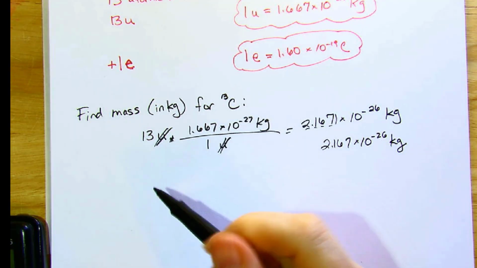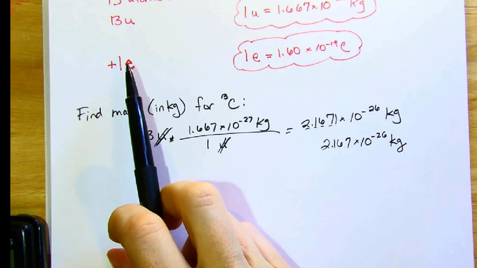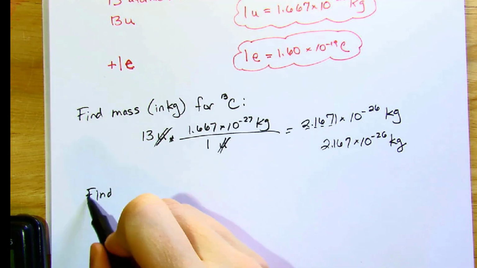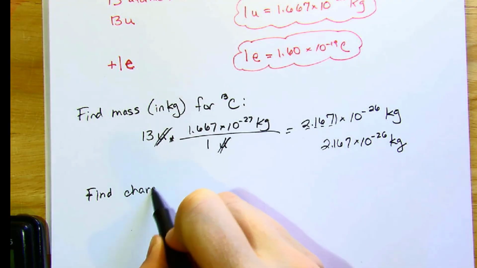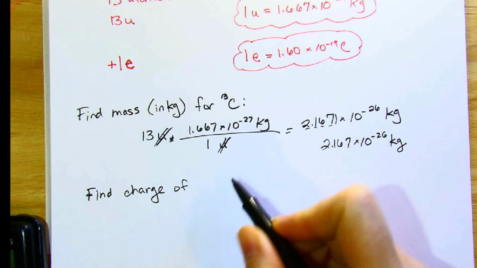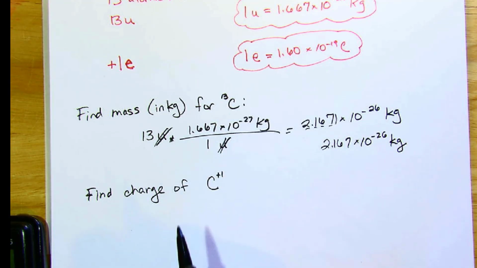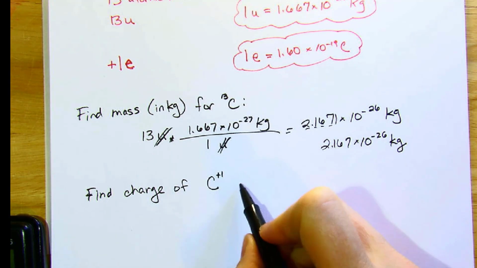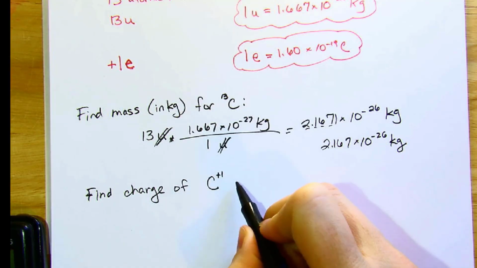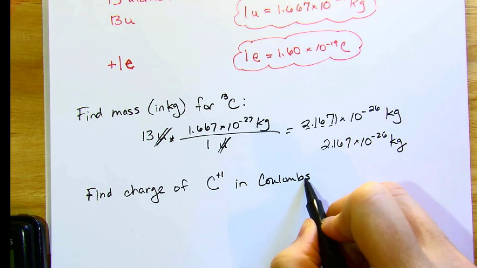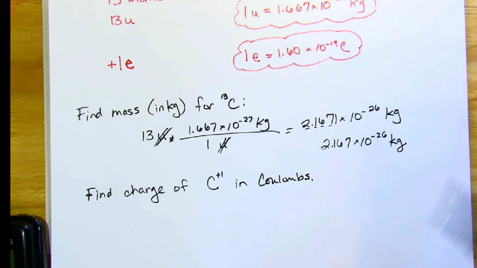Now, if we wanted to find the electrical charge of that, it would be a carbon atom with a +1 charge. And let's find that in SI units, which is coulombs. And there's the C for coulombs right there.